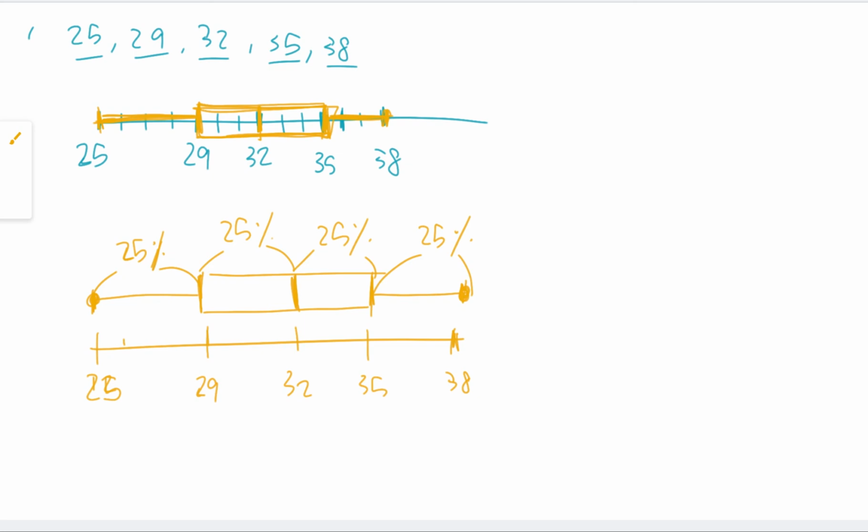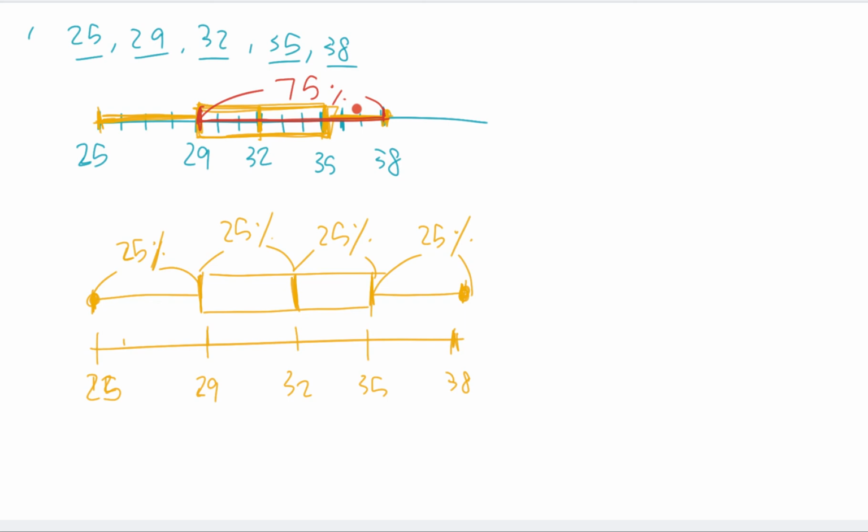Let me use different color. 29 gram is right here, right? And I was asking what percent of the boxes of raisins weighed more than 29 gram? All of my data are here above 29 gram except 25%, right? So we know there are 75% of the raisins weighed more than 29 gram. Okay, that's how you interpret that.